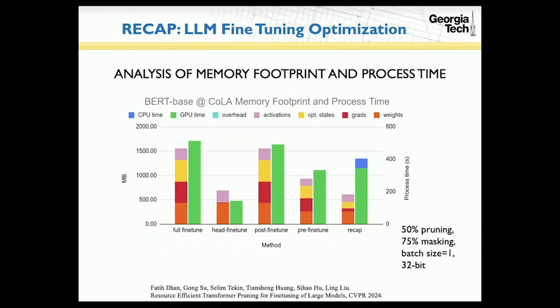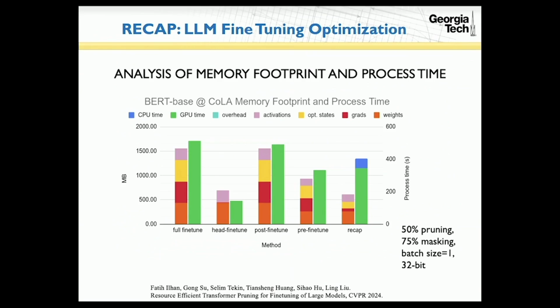And then our GPU footprint is reduced. At the same time, if you look at the weight, the gradient, optimization state, activation, we are smaller. Especially we are cutting down significantly the gradient and the optimization states in our approach.